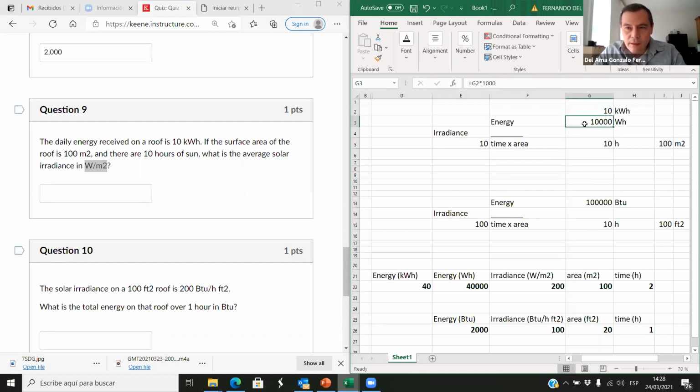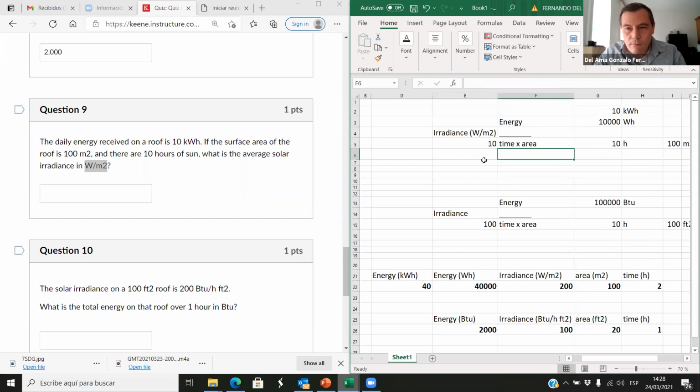Okay, so this is the energy in watt hours divided by square meters. So this irradiance is in watts per square meter. So this is 10.